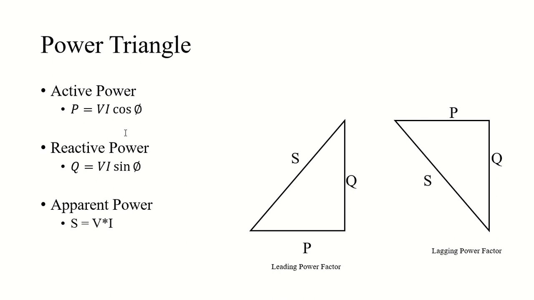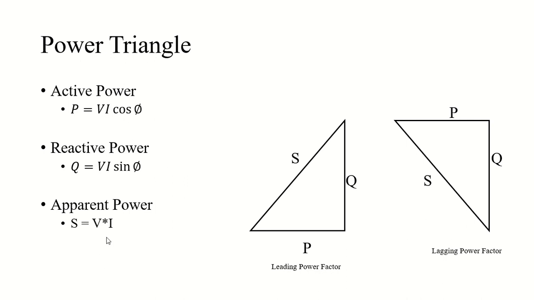To verify what I've said, we can take the ratio of P and S. If we take the ratio of P and S, we get VI cos phi divided by VI.